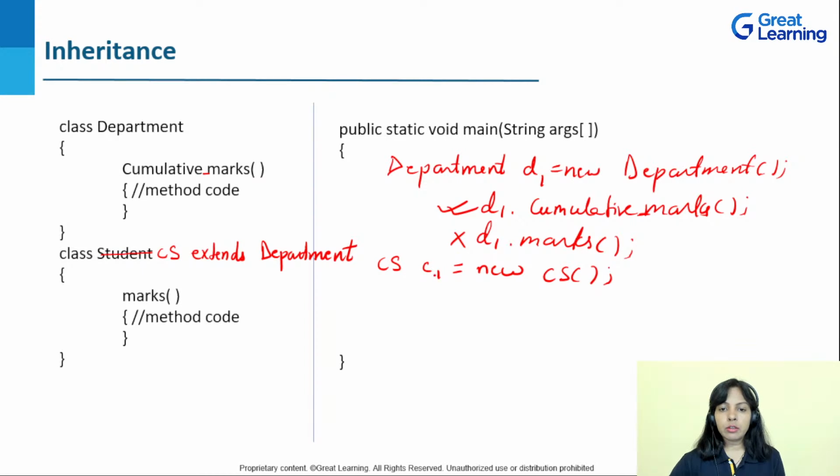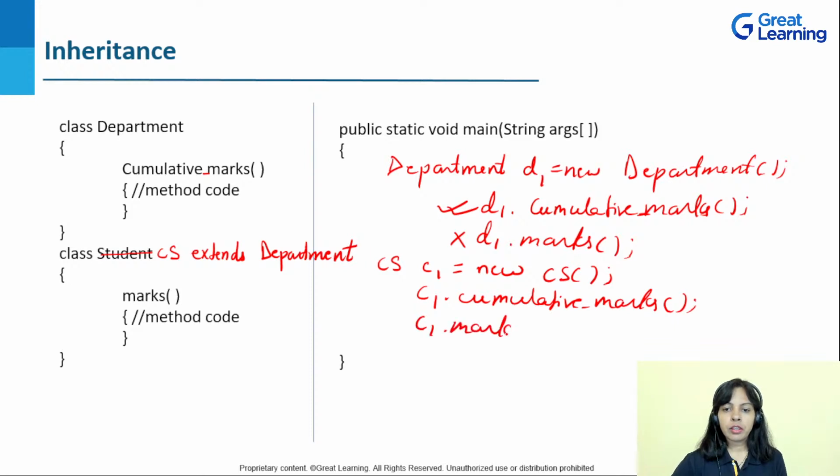Now, if I've created an object here, C1, now with the help of C1, if I call the parent class method, that is C1 dot cumulative marks, and similarly, if I call C1 dot marks, will it throw any error? If yes, which line of code? Yes, C1 dot cumulative marks will throw no error.